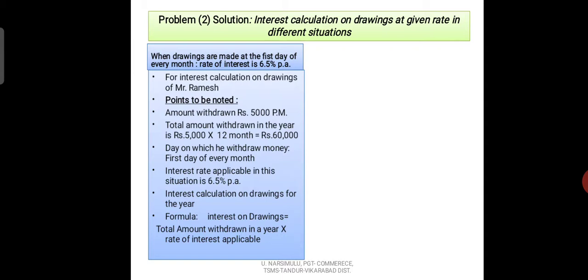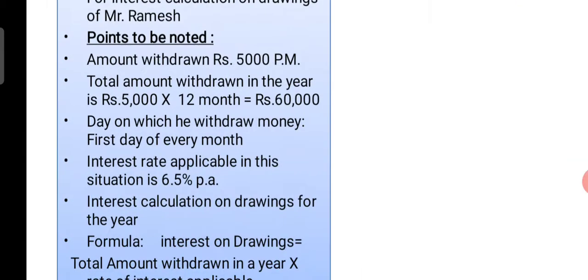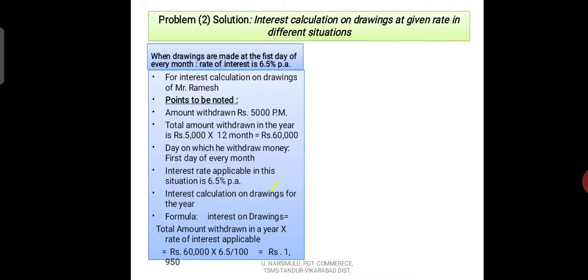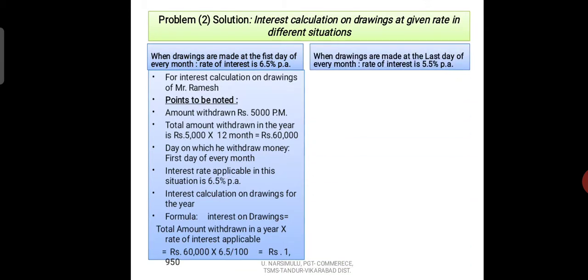So in this problem, the total amount he withdrew is 60,000, on 60,000 at the rate of 6.5%. If we calculate the interest, we get 1950 rupees. Yes, 1950 rupees.